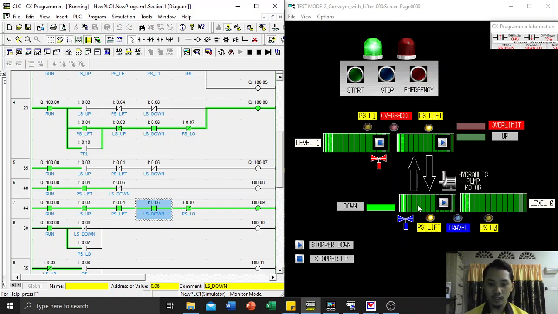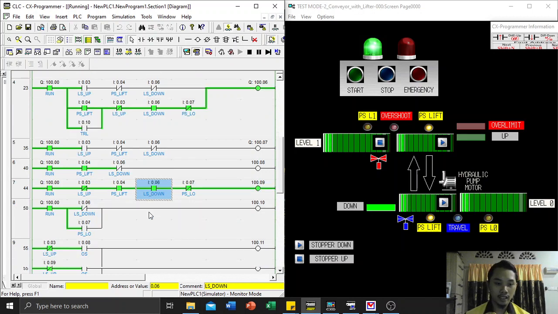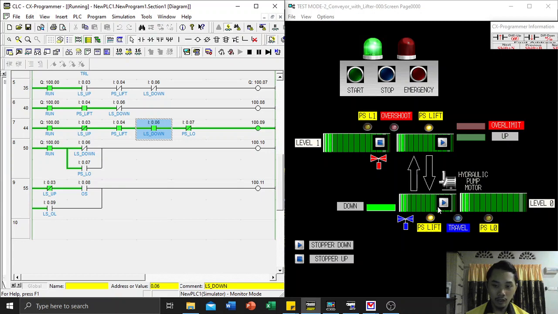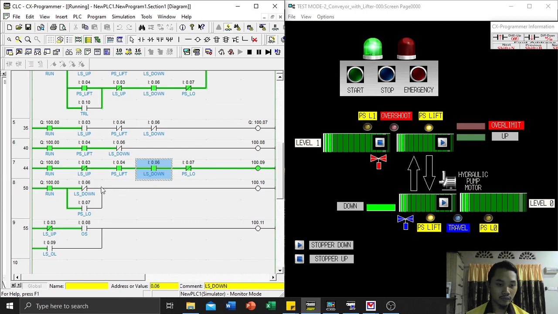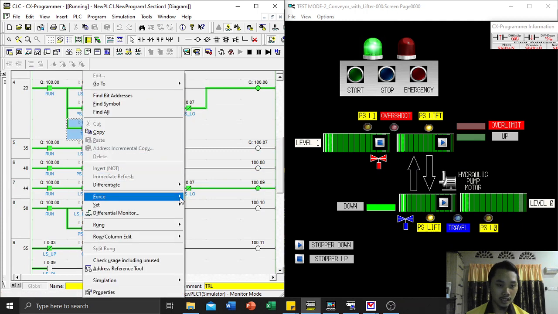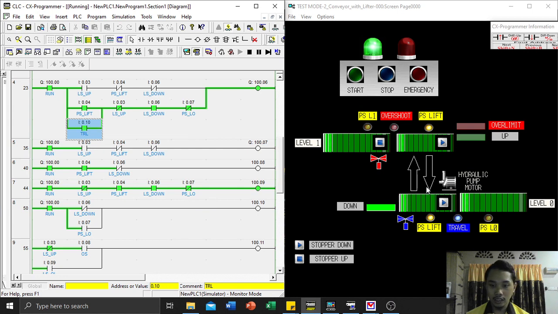You can see that if level 1 does not detect the load, the table lifter conveyor will run to transfer the load to level 1. You can see the stopper is also down at the table lifter, and when transferring, the transfer load sensor will be on, which means we can see the load is here, for example.